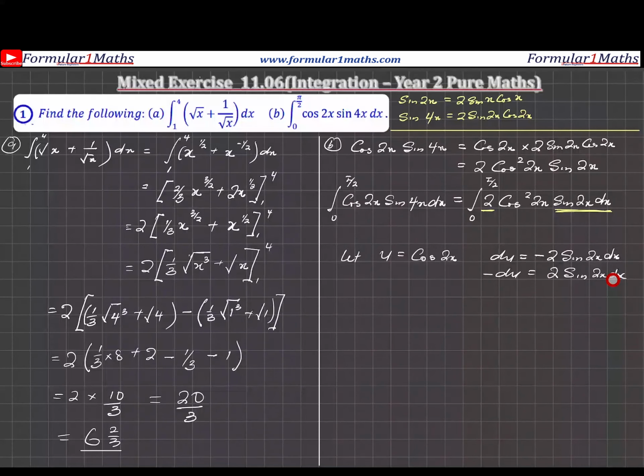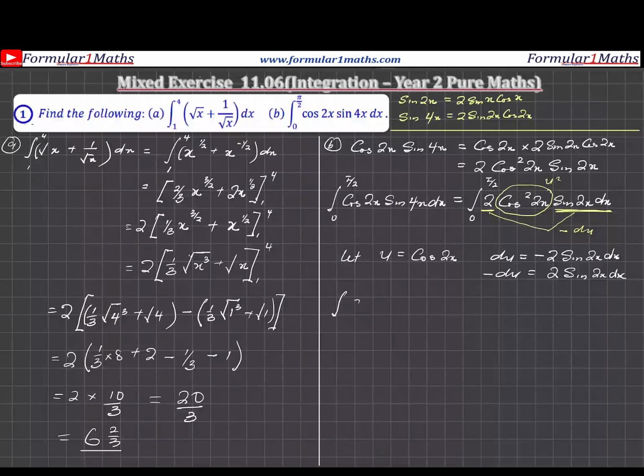And then, because we said u is equal to cos 2x, this whole thing will be replaced by u squared. So we can now rewrite this integration simply in terms of u as follows.